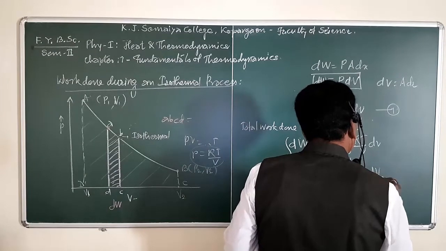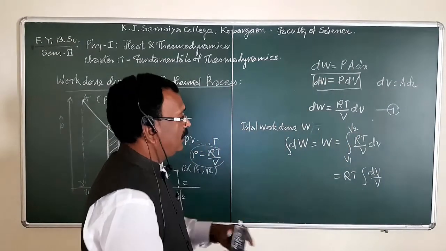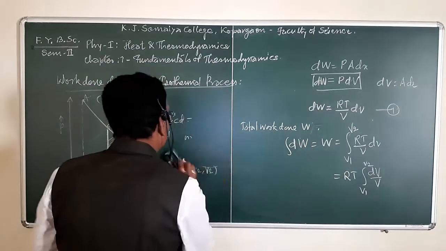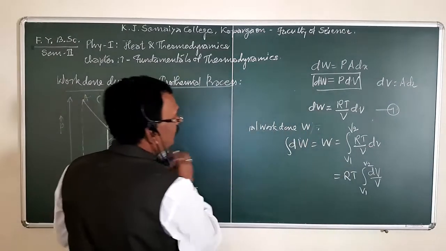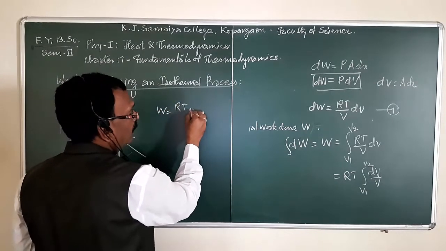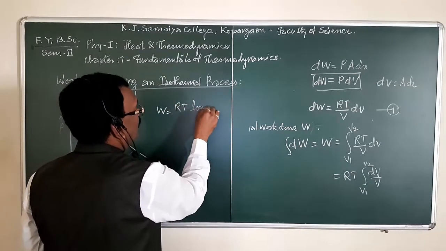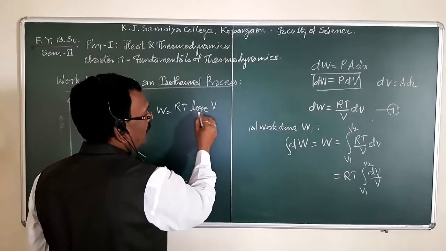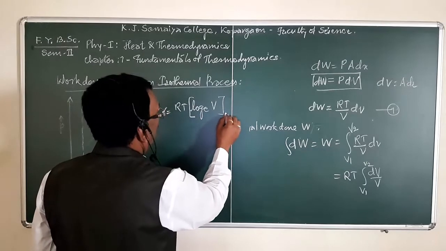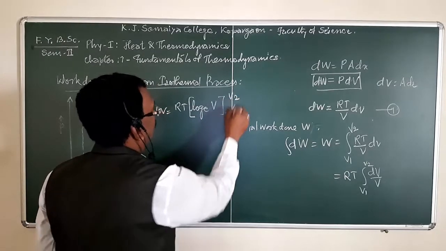So dV upon V. Now solve this integral. We have W is equal to RT log base e V, from V1 to V2.